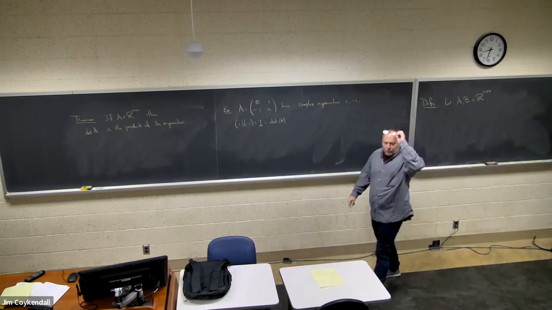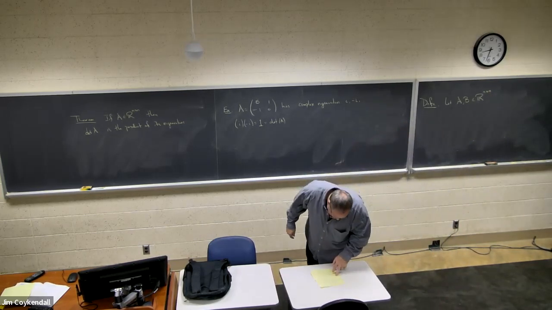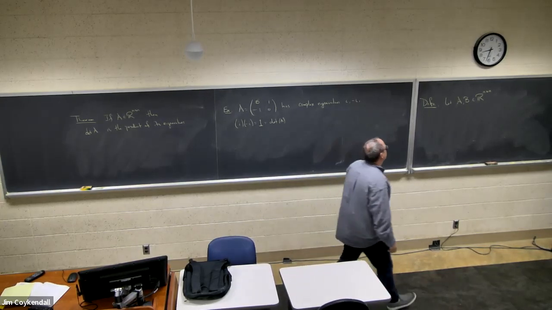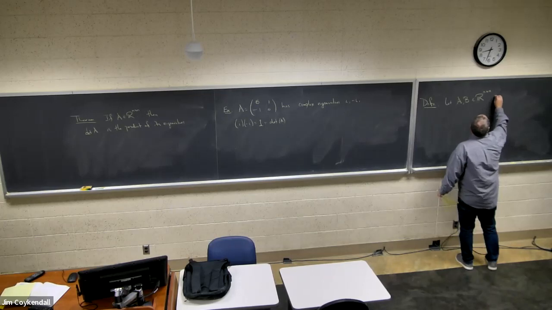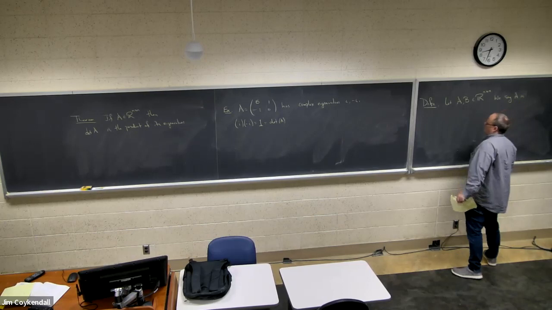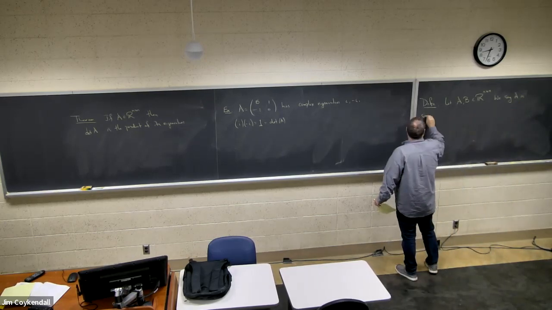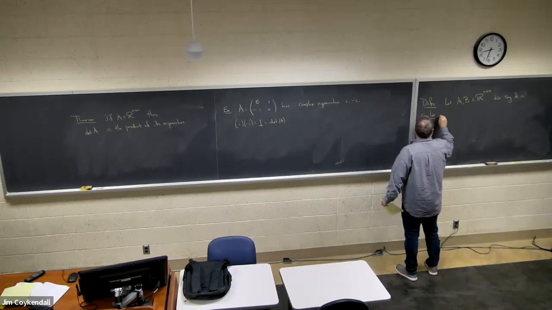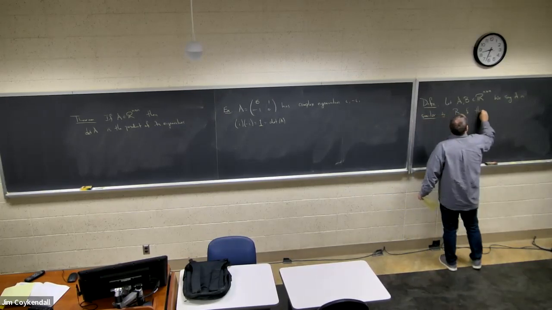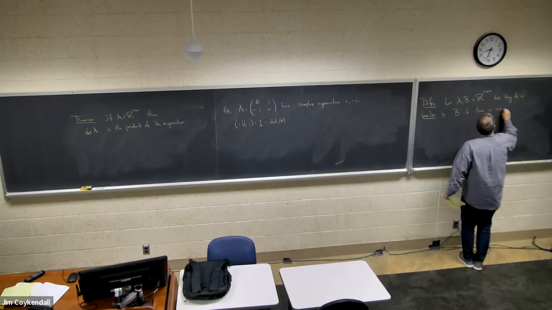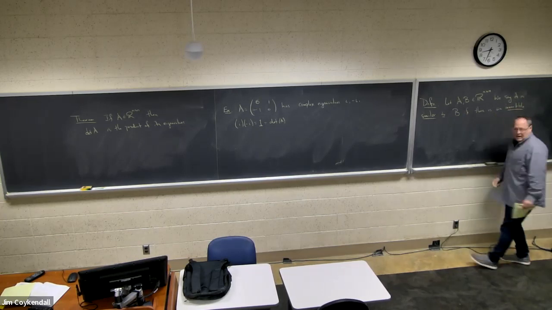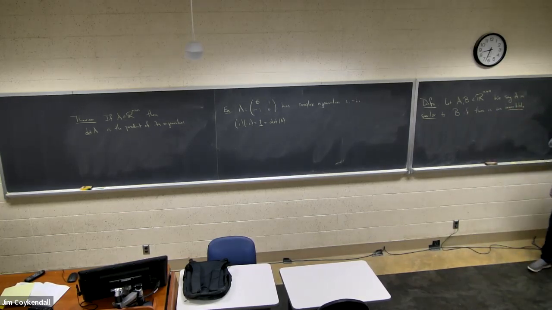Suppose that I have two square matrices, I'll call them A and B. We say that A is similar to B if there is an invertible matrix P, also n by n, such that P inverse A P equals B. This matrix must be invertible, but this is nothing you have to memorize.